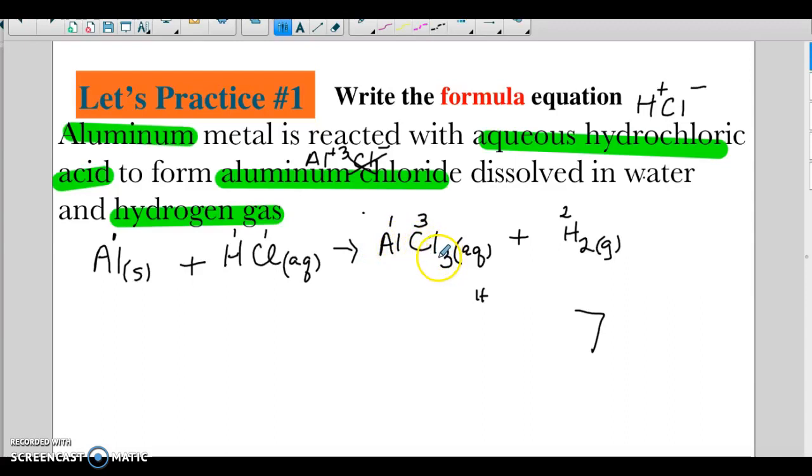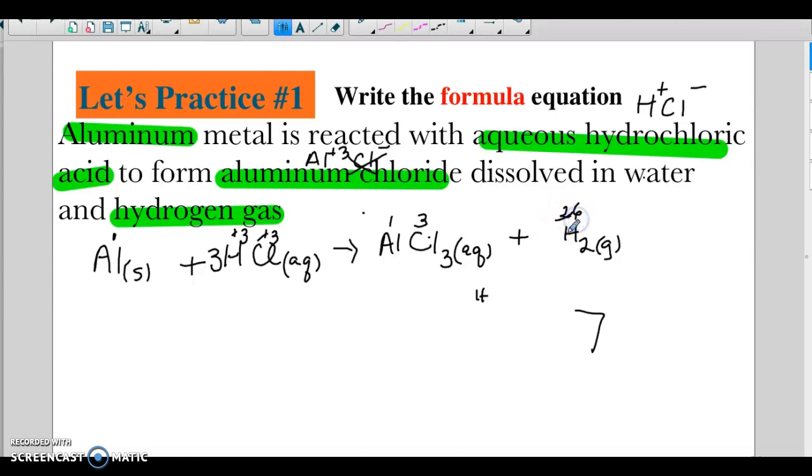I'm probably going to need to use my eraser, but that's okay. So I would put a 3 here. So I now have 3 chlorides and 3 hydrogens. So you can see 3 hydrogens and 2 hydrogens, we're going to want to go for a number they both go into, which is 6.